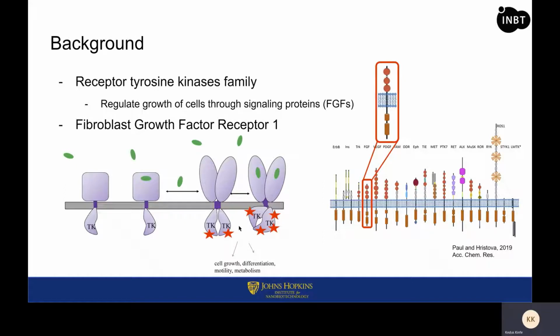So this is usually done in the presence of a ligand where it's much more significant and there's a lot more phosphorylation. When it does activate, it starts the cascade of cell signaling proteins into the cell, by which pathway causes the cell to activate some sort of response, be it cell growth, differentiation, proliferation, etc.